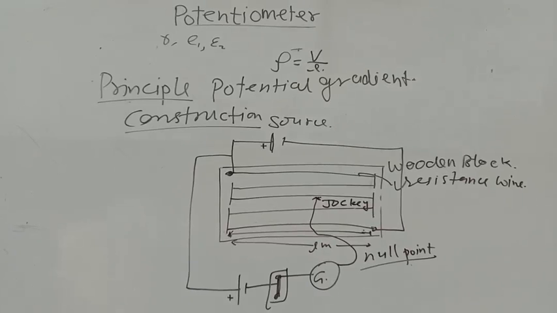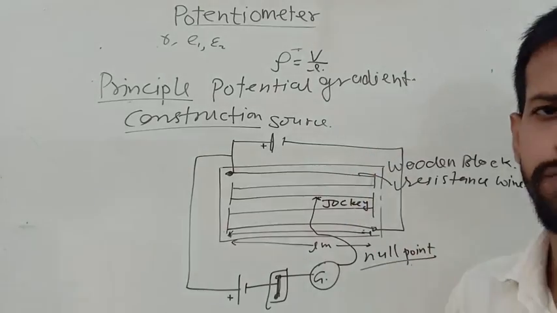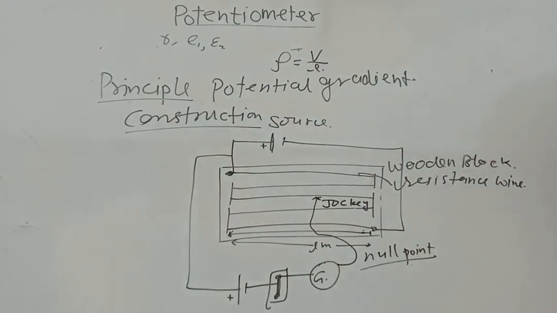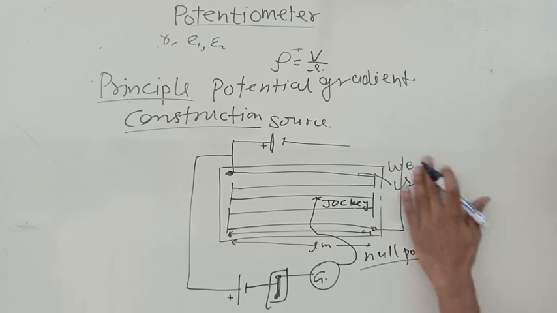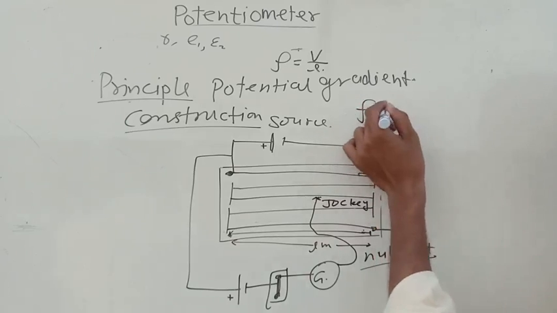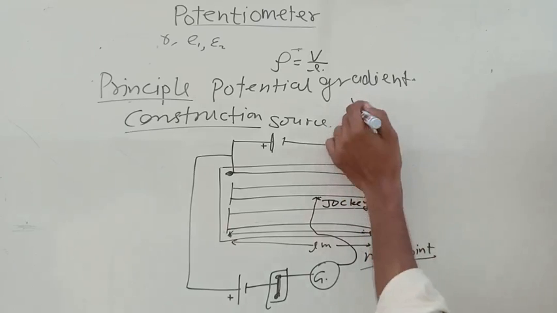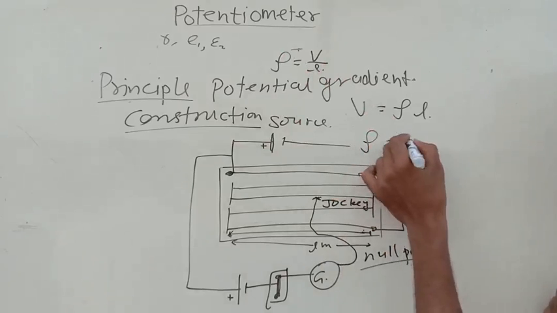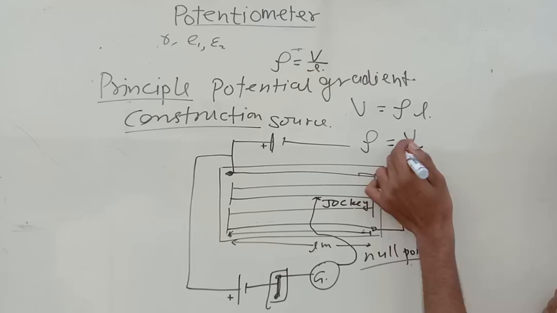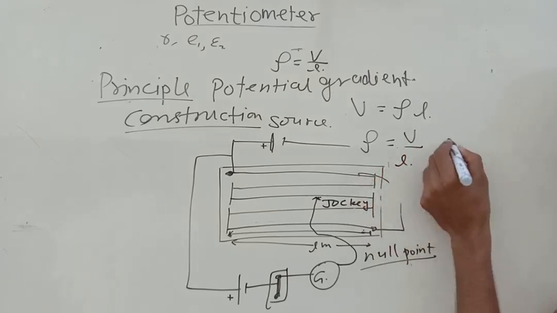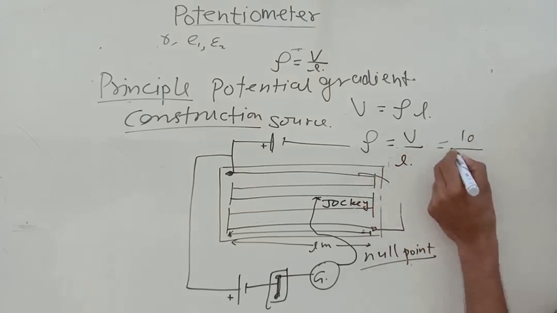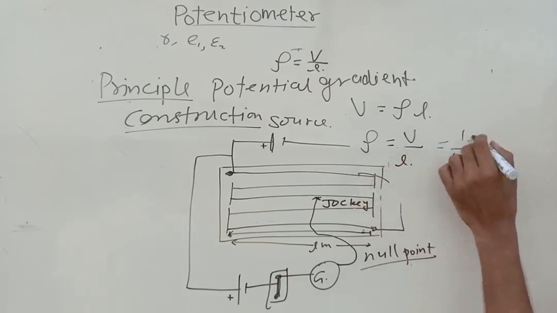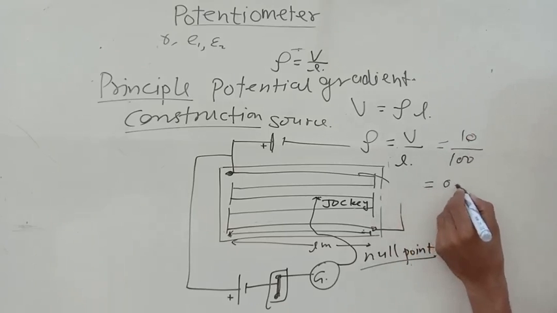One more question: why do we use 5 meters of resistance wire? The answer is that if we have to calculate V, it is equal to rho into L, and potential gradient is V upon L. If V is 10 and L is 100, this comes to be 0.1.